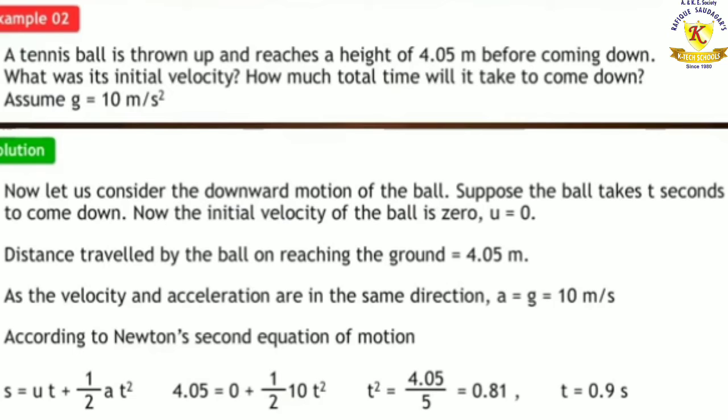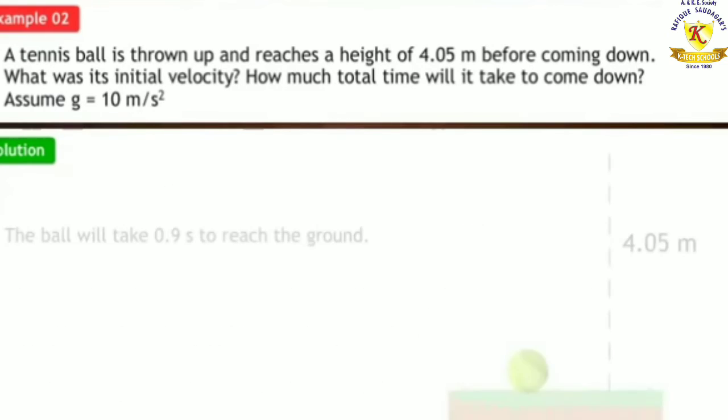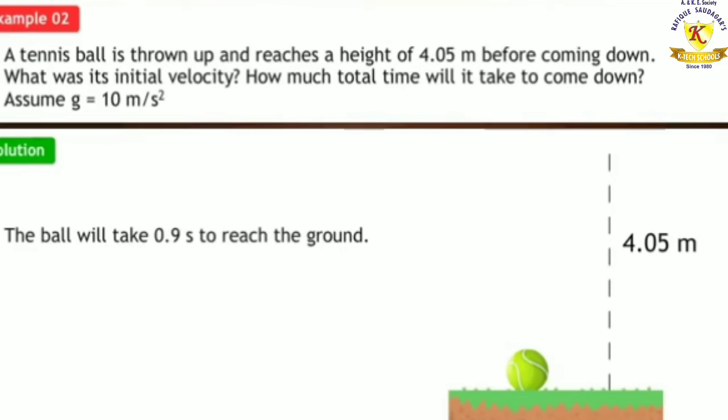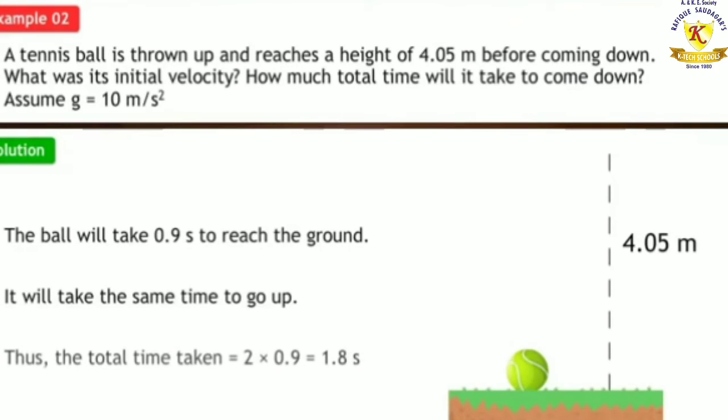Therefore, t equals 0.9 seconds. The ball will take 0.9 seconds to reach the ground. It will take the same time to go up. Thus, the total time taken is 2 multiplied by 0.9, which is 1.8 seconds.